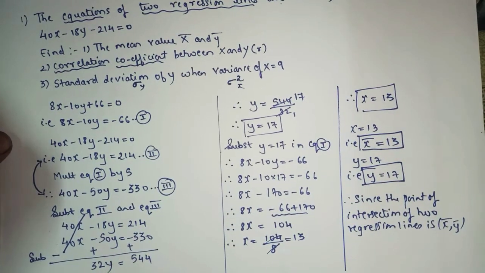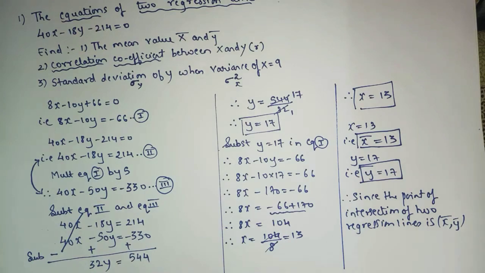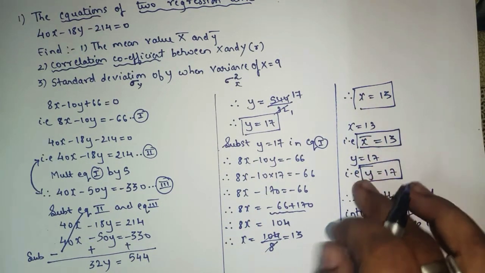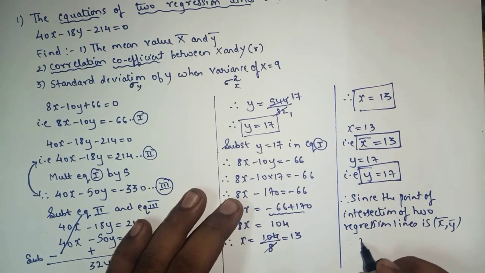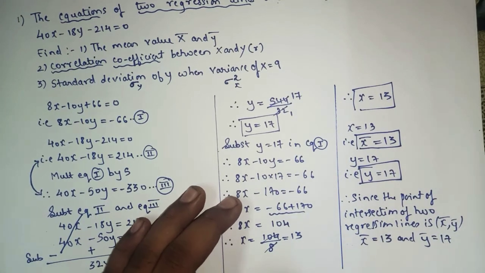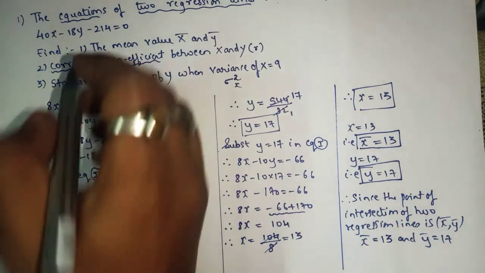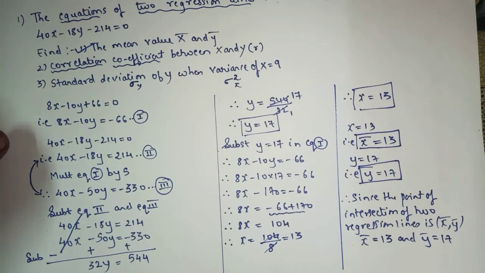So remember this, whenever you solve these two equations simultaneously in each and every sum, the values of x and y are directly the values of x mean and y mean. So we can say that x mean equals 13 and y mean equals 17. In this way you will find your answer for the first one. Understood? Okay, now let's focus on the second part.